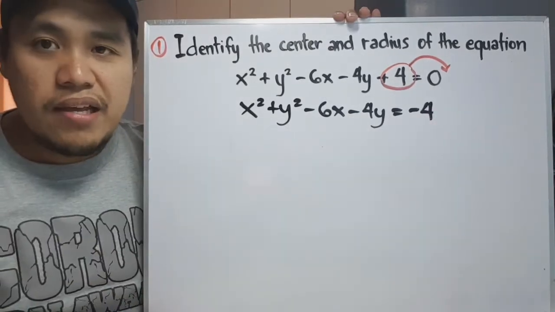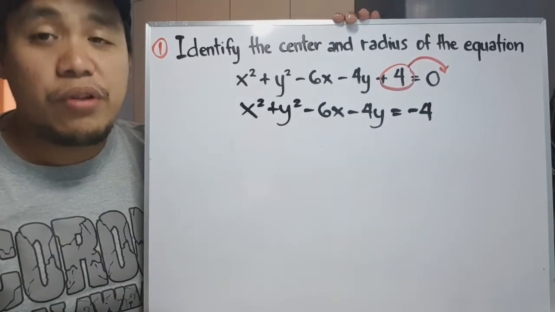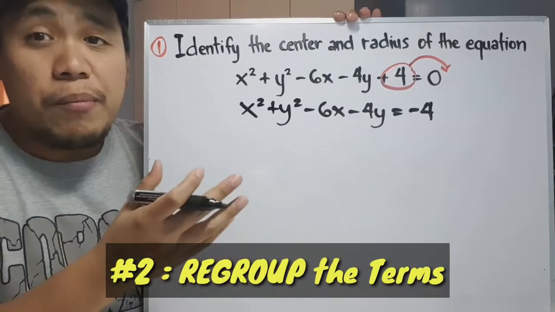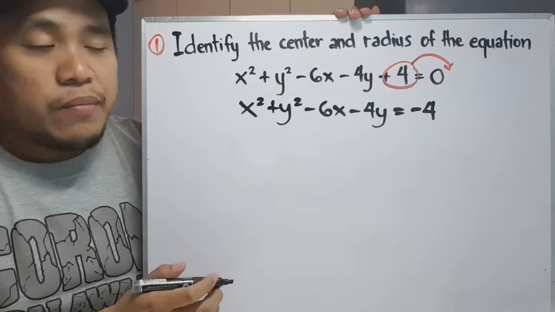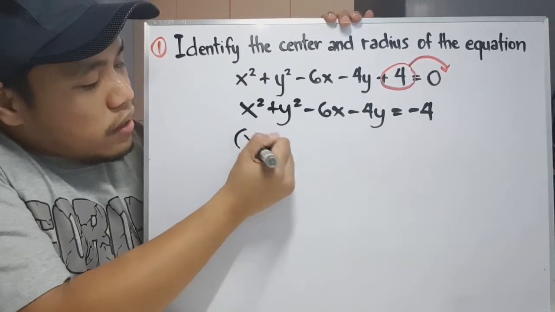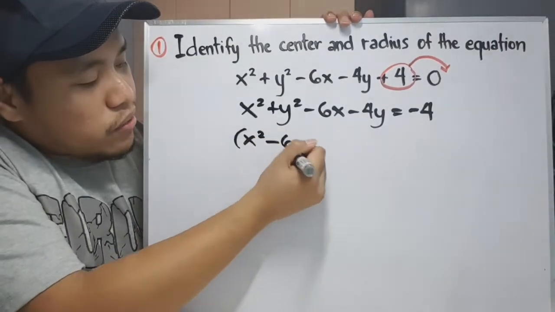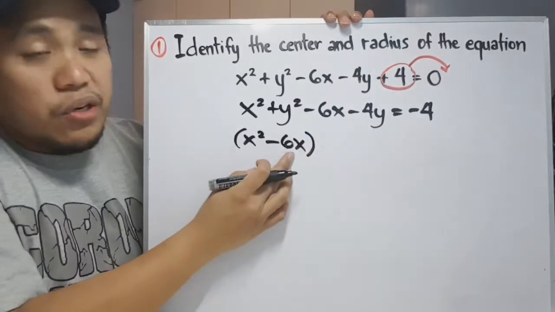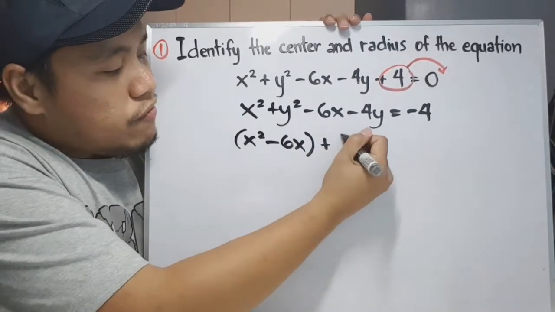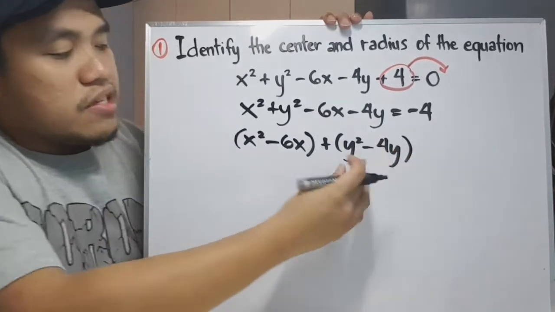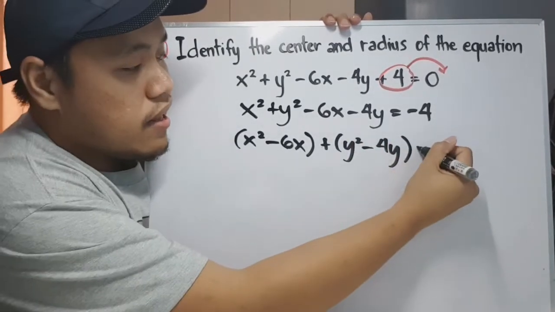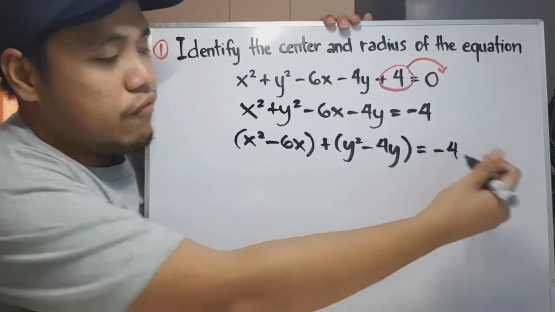The next step is we have to regroup our terms according to their variable. In this case, we have the x terms and the y terms. So the first group will be x squared minus 6x, in terms of x, and then we have y squared minus 4y, in terms of y. Then again, it is equal to negative 4.